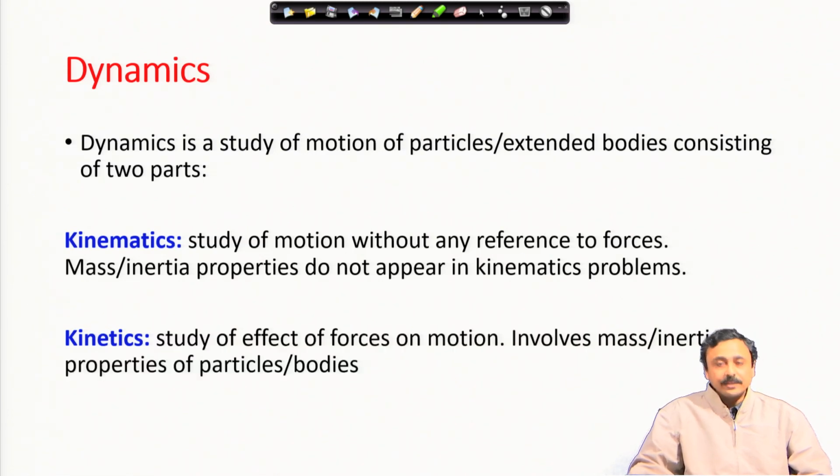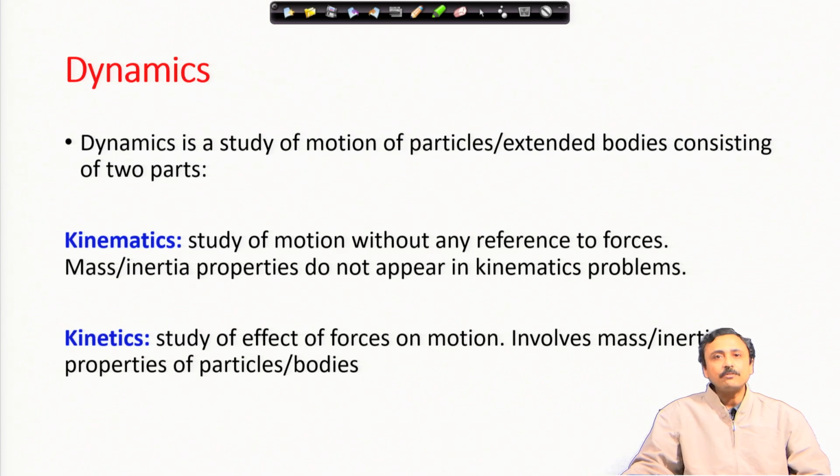On the other hand, the second part of study under dynamics is kinetics. Kinetics is the study of effect of forces on the motion, and hence it involves the inertia properties of the bodies involved. So, these are the two parts of dynamics.